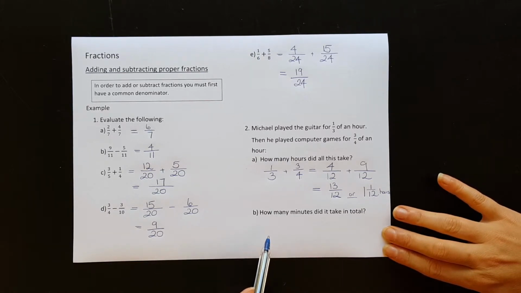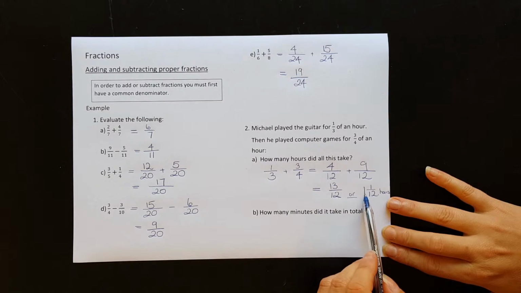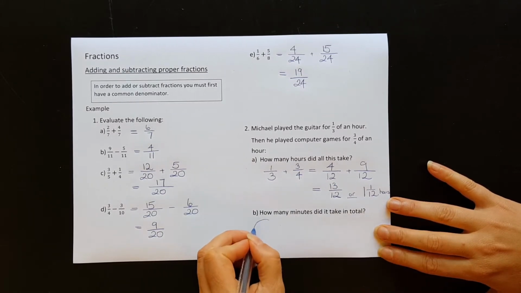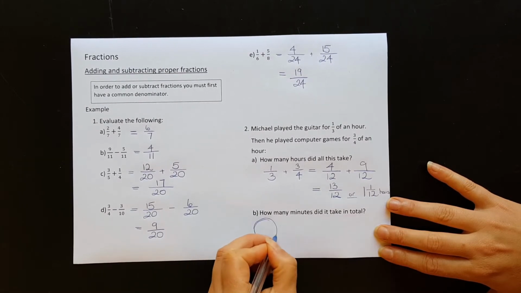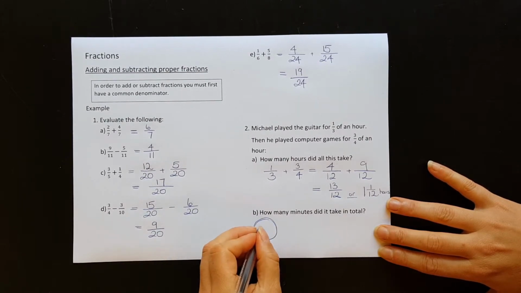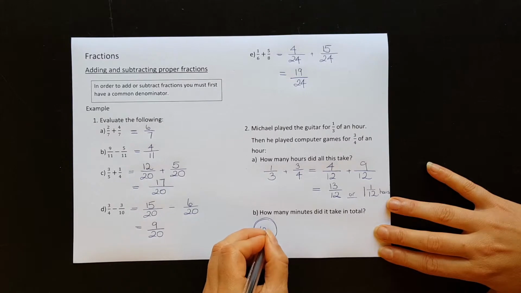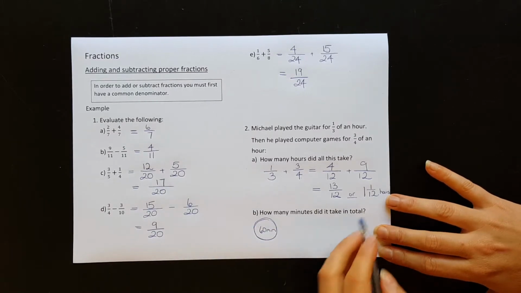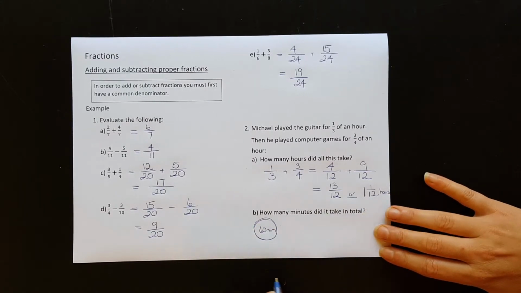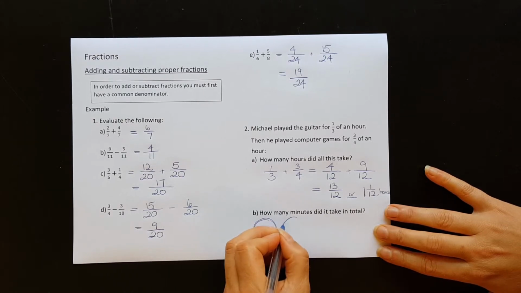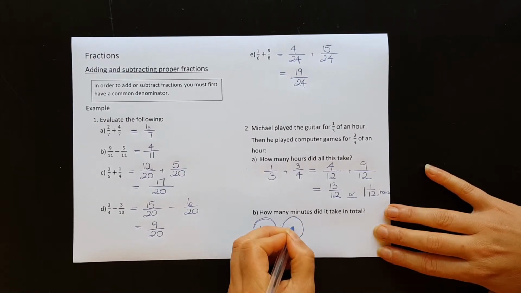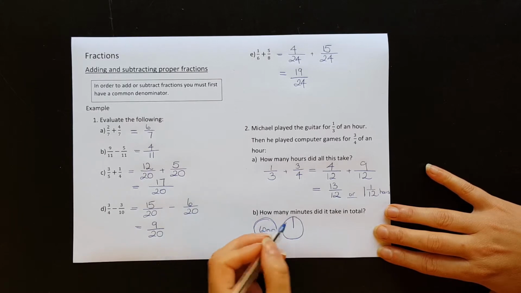But for now, what we can do is think 1 hour represents the whole way around the clock, doesn't it? So the whole way around your clock is going to be 60 minutes, isn't it? Okay, we also have a 1/12 of an hour. So if we're thinking of our clock, we have a 1/12.